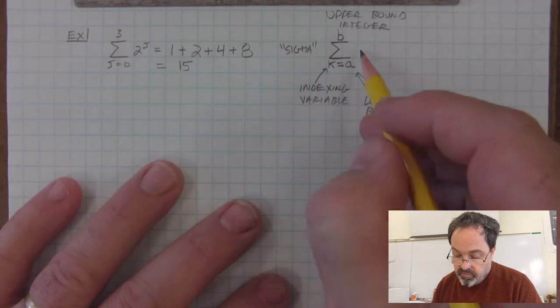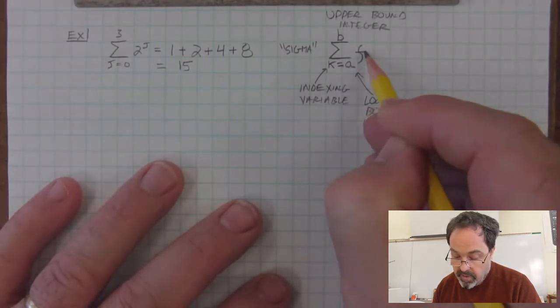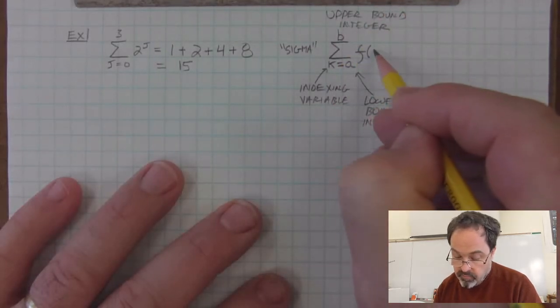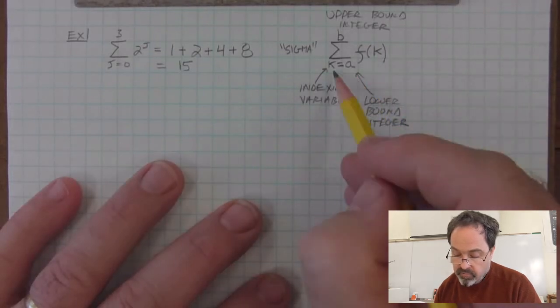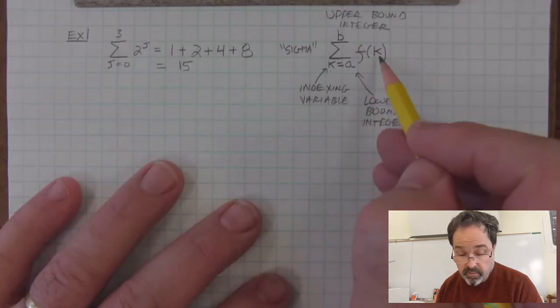The mathematical expression that we use to evaluate at those bounds and integer values is a function of the indexing variable. If the indexing variable is k, then this expression must be a function that uses k.